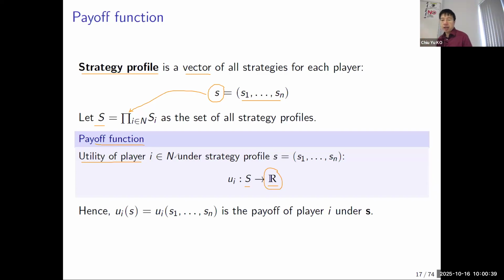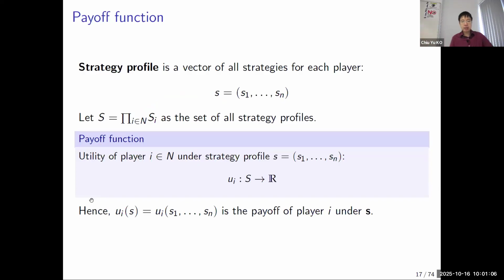We didn't take a stand here, but in most applications we still make it cardinal. But moving to ordinal is still fine. And we usually write u_i of the strategy profile s, the payoff of i under s.